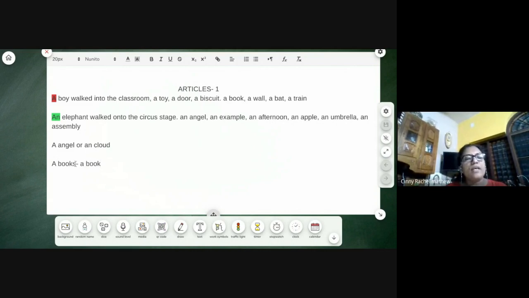Suppose we use a books. Now, can this be used in this way? Can we say a books? Can we also say an apples instead of an apple?